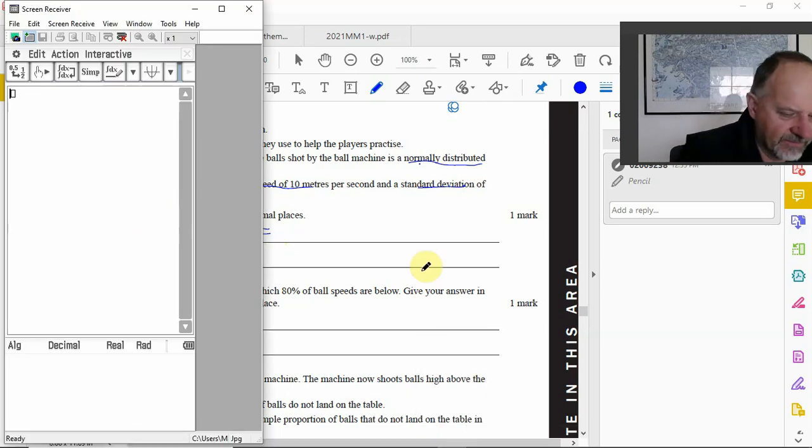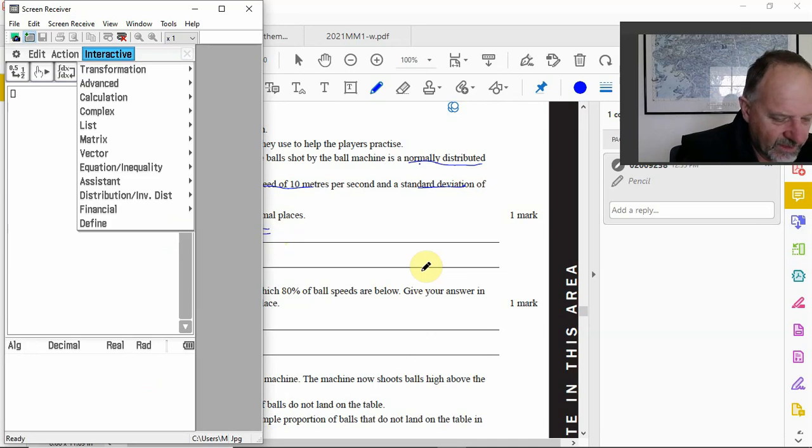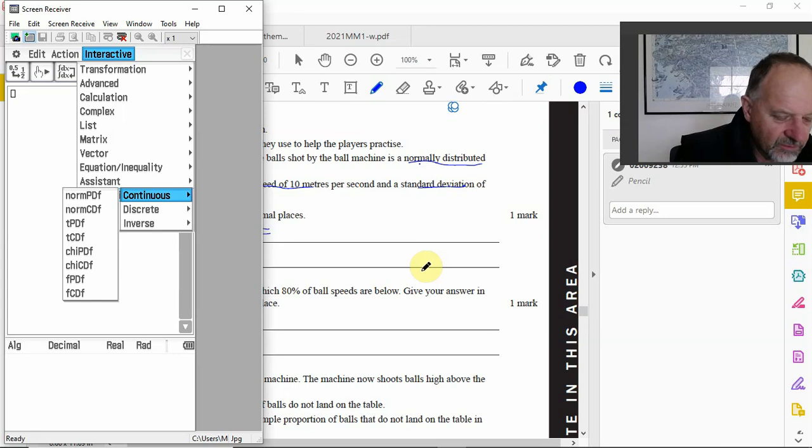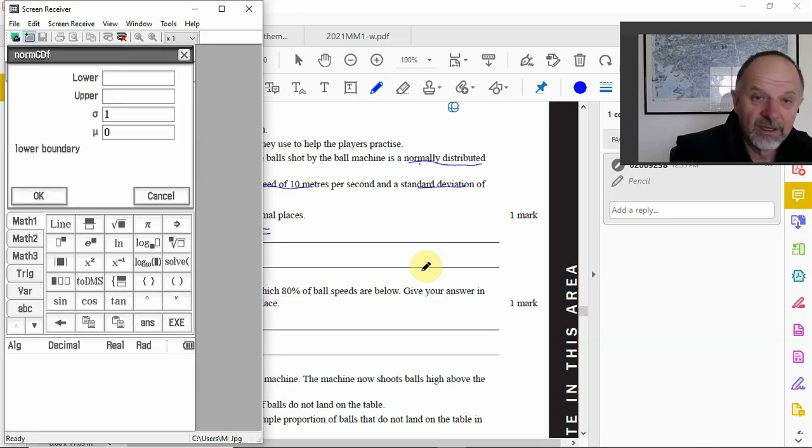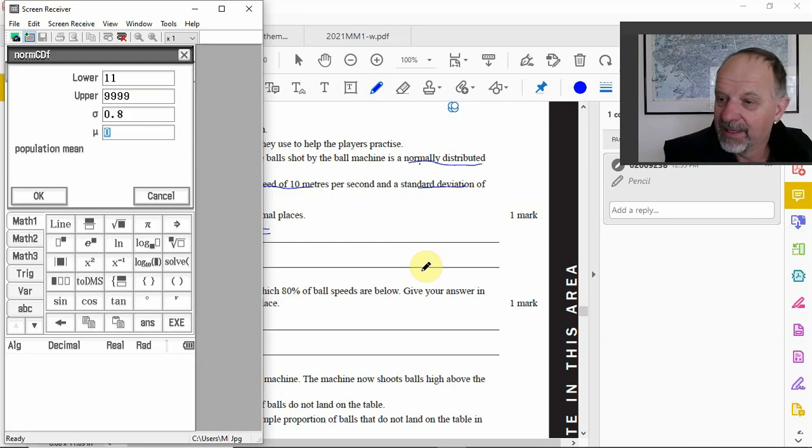For the Casio, we've got interactive, distributions, continuous, normal, CDF, and our lower we wanted to be 11. Our upper, we just need to make a big number. Our standard deviation was 0.8, yes, 0.8, and our mean was 10.